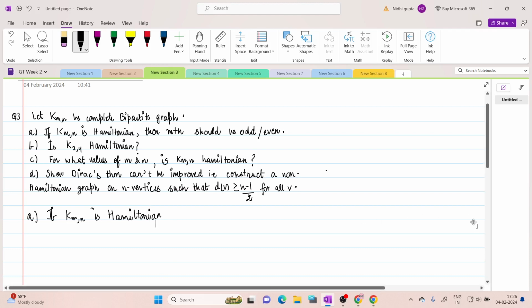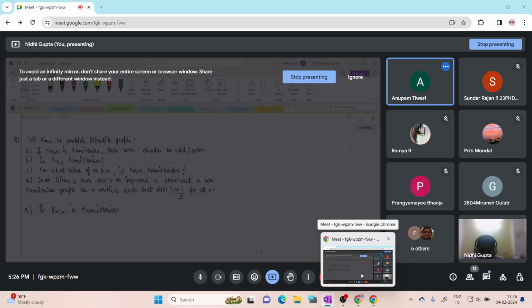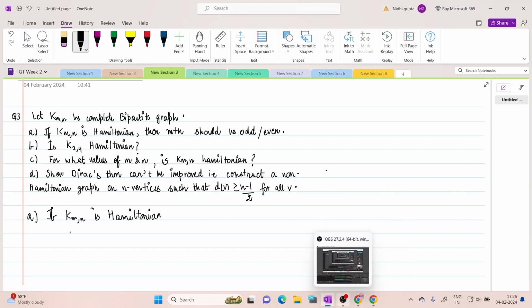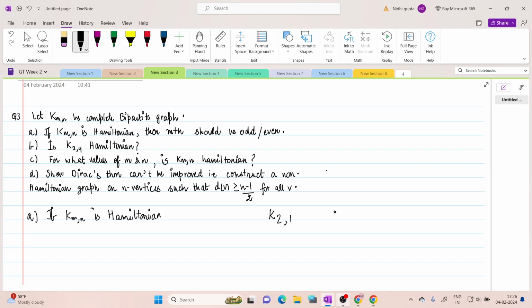I have taken one example, M equal to 2 and N equal to 1. So you are saying K_{2,1}. Yes. Okay. So K_{2,1} is this. So is this Hamiltonian?